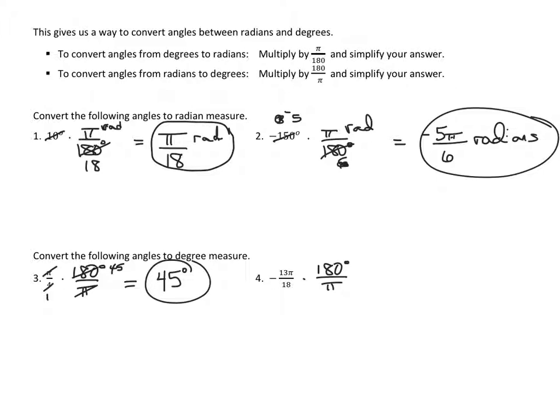So if you know I need to write the answer in degrees, you put the degrees on the top. And like I said, the pi's should cross out. Canceling here, 18 can cross out with 180 and leave 10. So we have negative 13 times 10, negative 130. And on the bottom, we're left with 1, so our answer is negative 130 degrees.